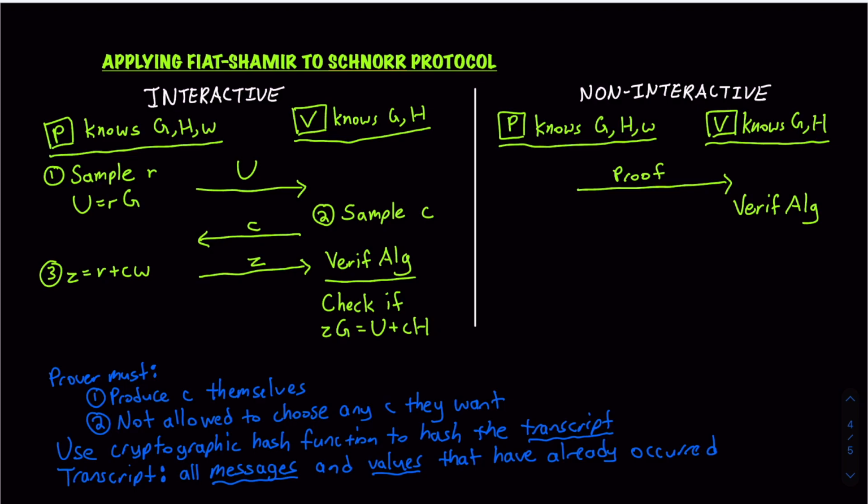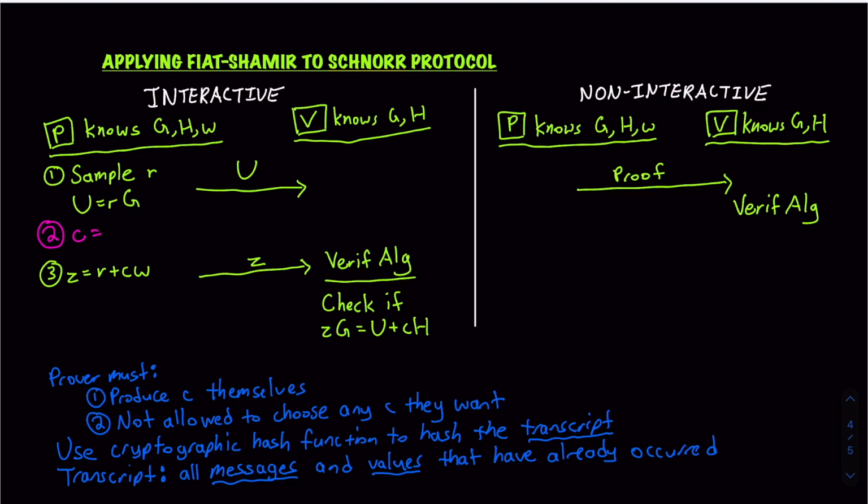Let's see how this works for the Schnorr protocol. To recap, in the interactive version, there's a step where the verifier generates randomness and sends it to the prover. To make the protocol non-interactive, we have the prover generate that value instead, but in a controlled way. Specifically, the prover must compute it as the cryptographic hash of the transcript so far. So what exactly is a transcript at this point?